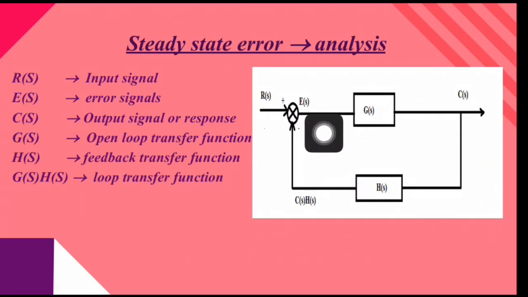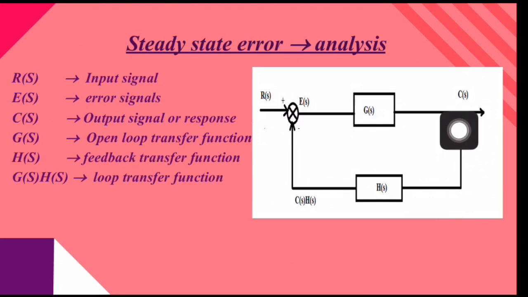Now start the analysis by writing the expression of E of s. From this diagram, it is clear that E of s can be expressed as R of s minus C of s into H of s. It is written here, E of s is equal to R of s minus C of s into H of s. Then this C of s can be equated to E of s into G of s.